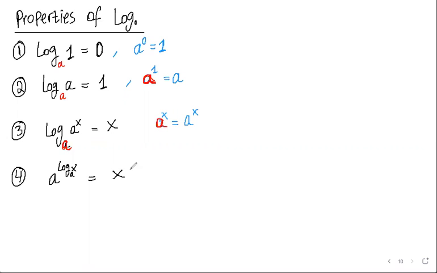Okay. Any question for these properties? Is it clear? So let me give you an example for this.